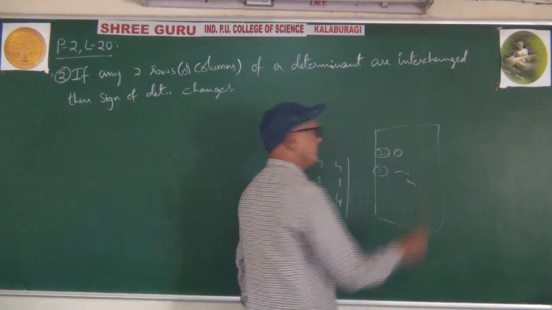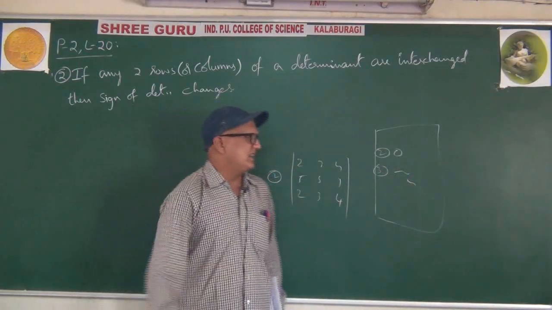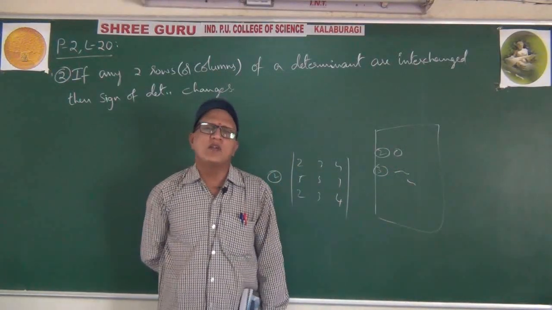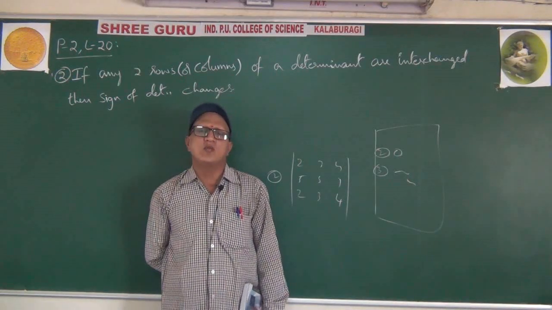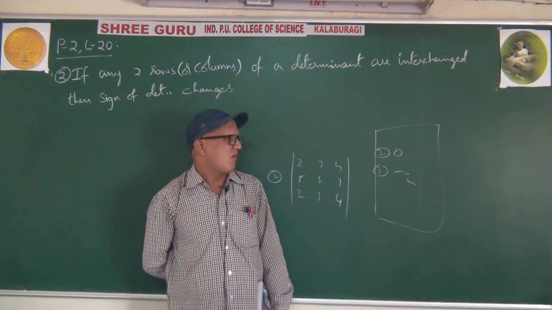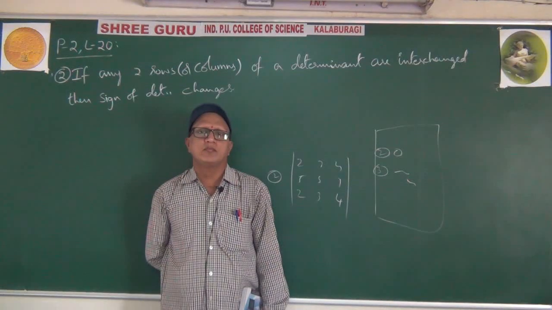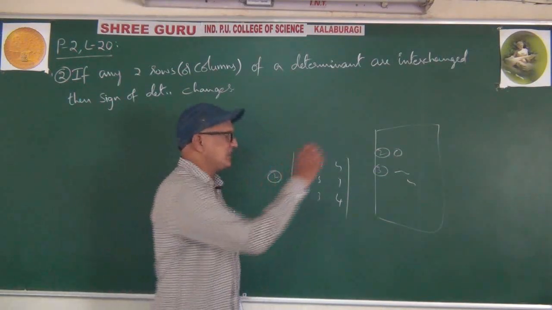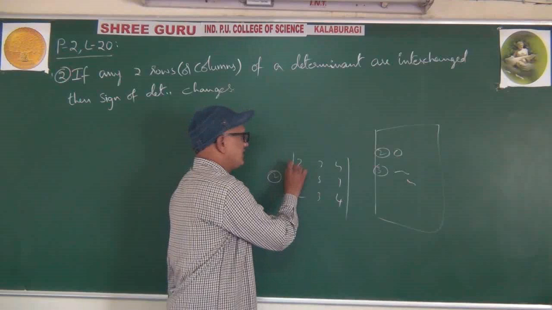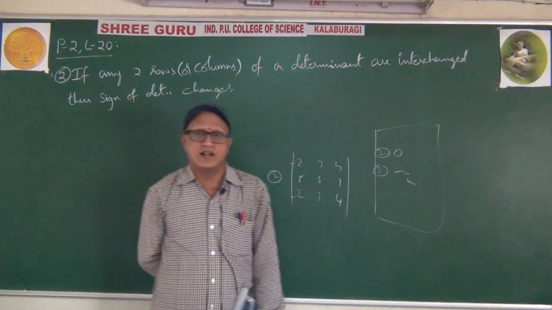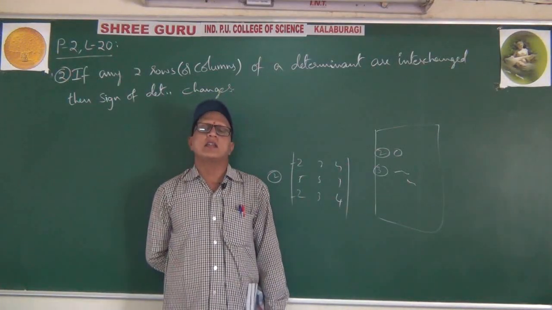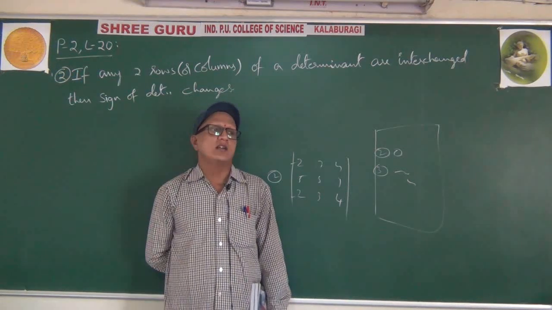Next question number 3. If you write directly 0, the paper validator won't feel happy. Then what to write? Since the first row and third row are identical, R1 and R3 are same, therefore the answer is 0.